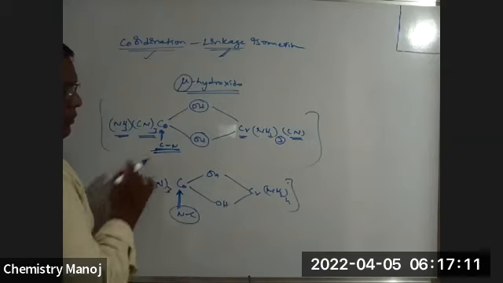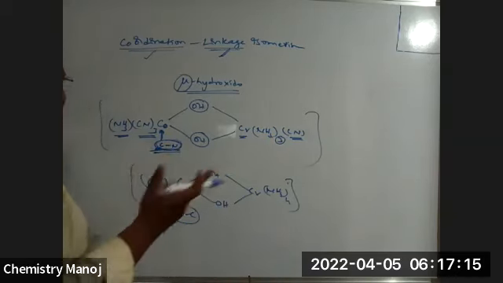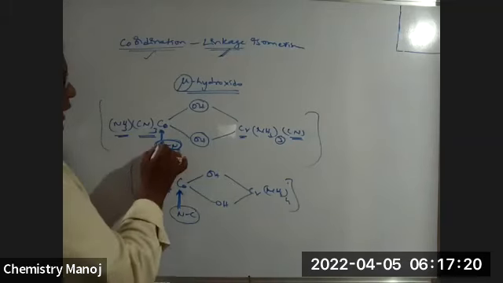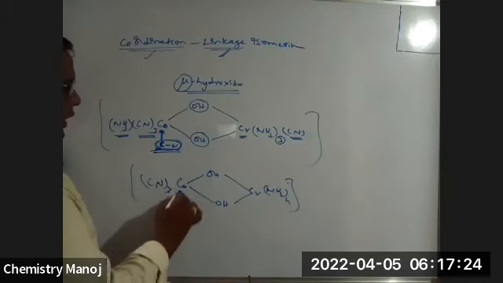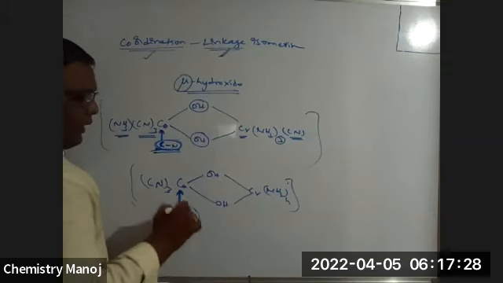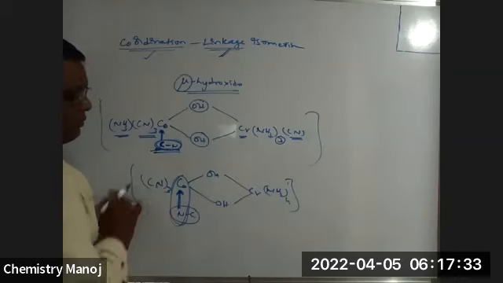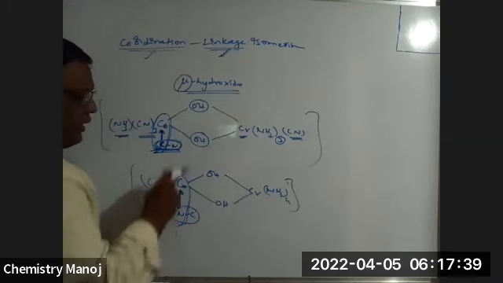So this became an isonitrile. No doubt, cyanide is also an ambidentate ligand. Here, between carbon and cobalt there exists a metal-ligand bond. Here, it is nitrogen, so there should be a link between the metal and ligand through nitrogen. That means the ligand link is changed. So the coordination sphere changed and the link also changed.